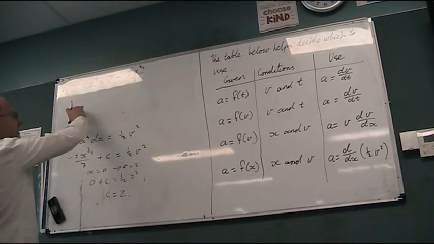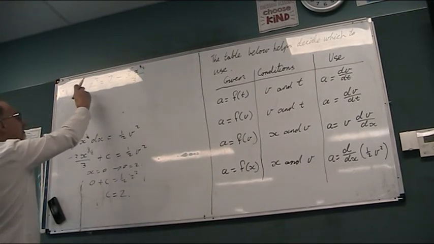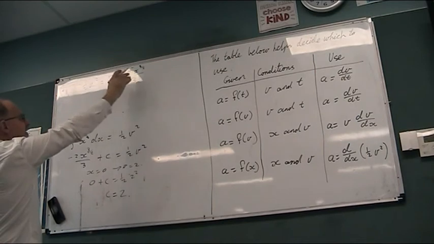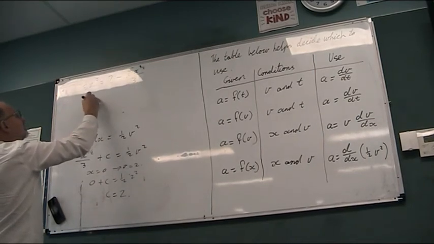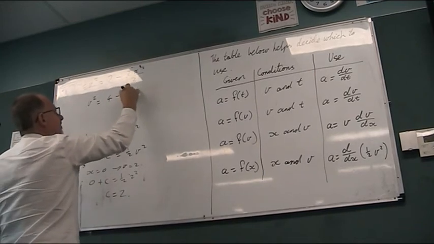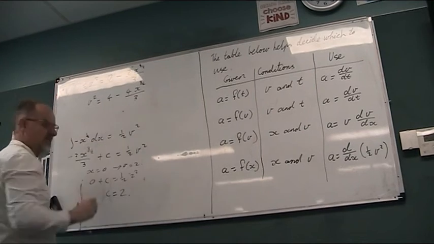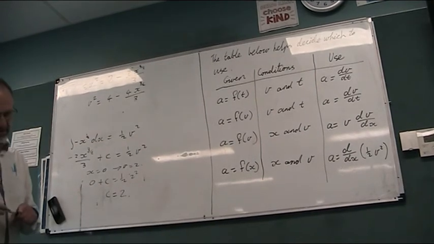But let's just neaten that up a bit by getting rid of the half there, multiply everything by 2. And so v squared is 4 minus 4x to the 3 over 2 over 3.